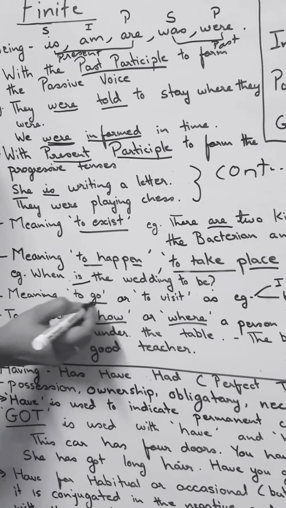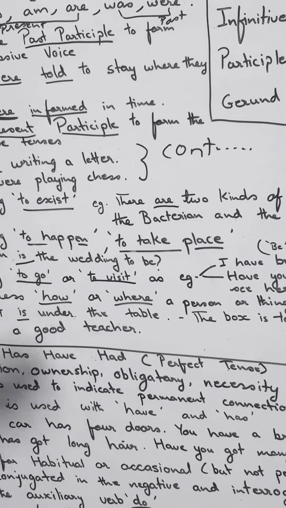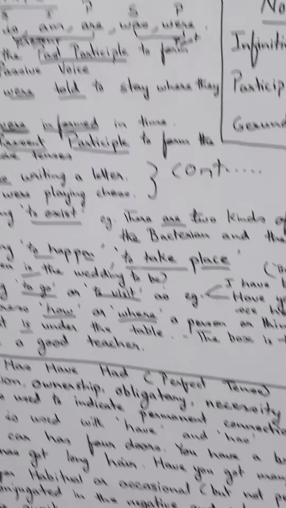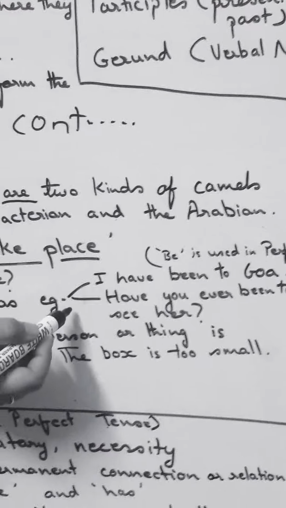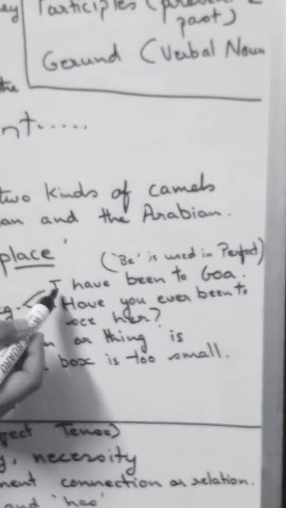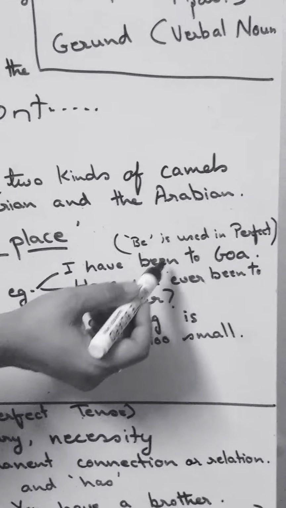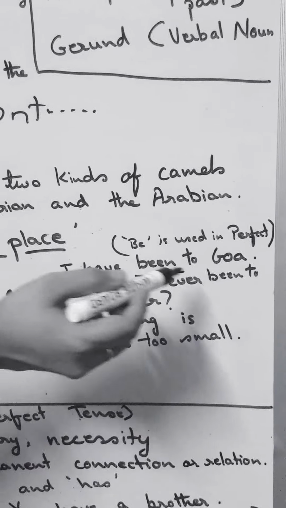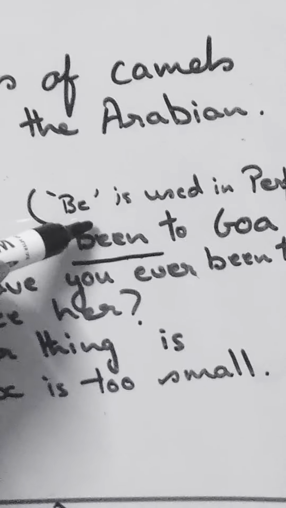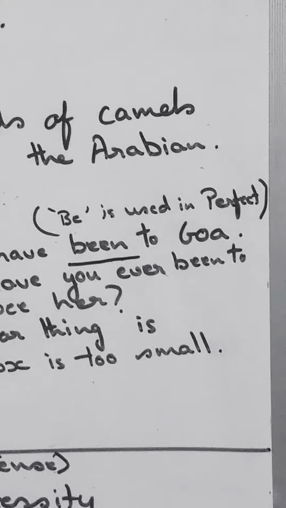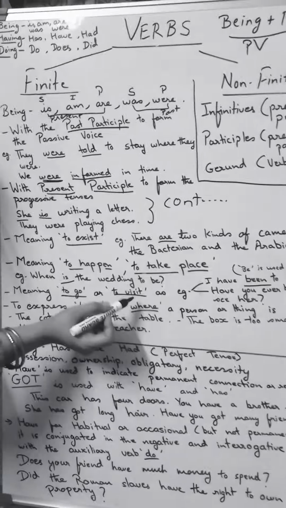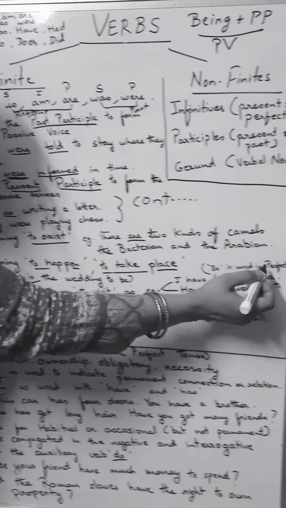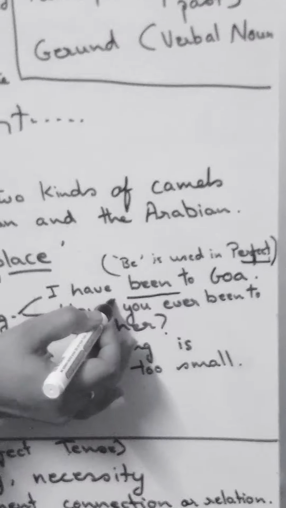Meaning, to go or to visit. Now, in this form, let's see the example: I have been, being form, to Goa. Here be is used with the perfect. When we mean to go or to visit, we use the perfect form, that is have.